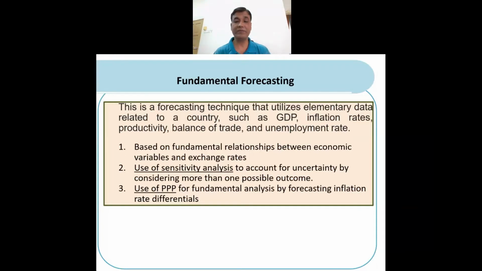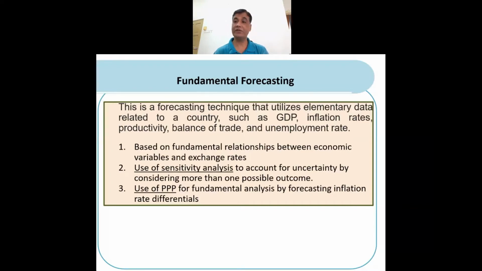That definitely will have an impact on your exchange rates. So we use sensitivity analysis and plot it and see what happens. This factor changes, what will happen to the exchange rate. That's what we do. So this is more practical, more comprehensive, more holistic, to forecast the exchange rate in the future.